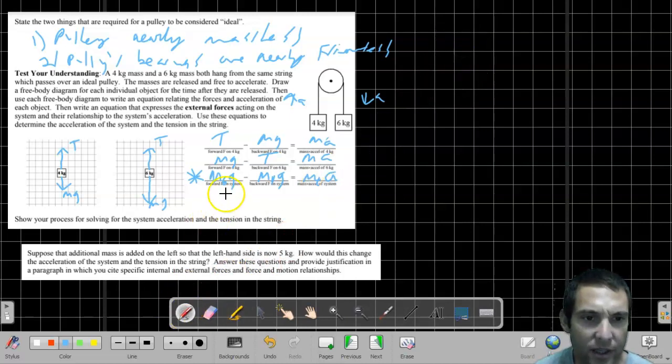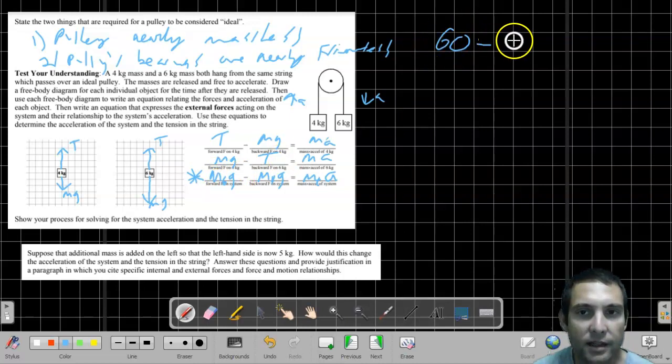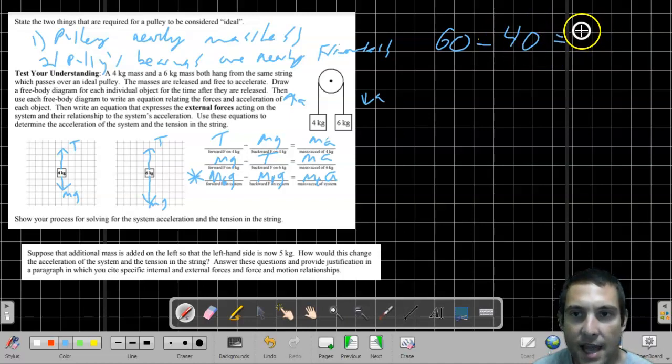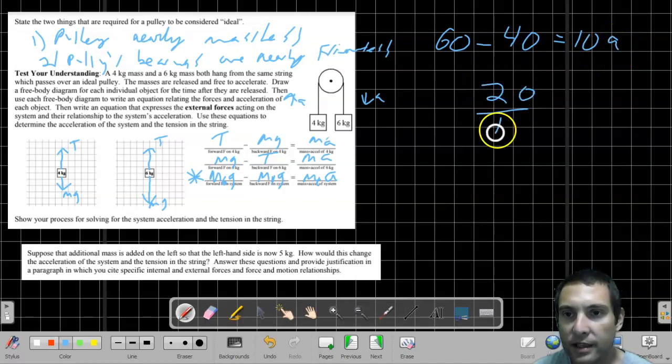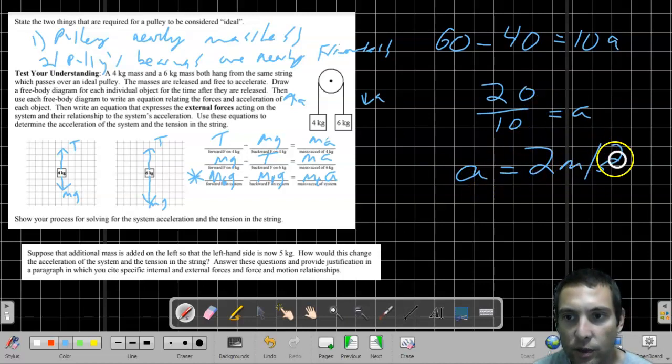I'm going to go ahead and use my numbers because you guys are good. So 60 minus 40 equals 10 times A. So that's 20 divided by 10 equals A. A equals 2 meters per second squared.